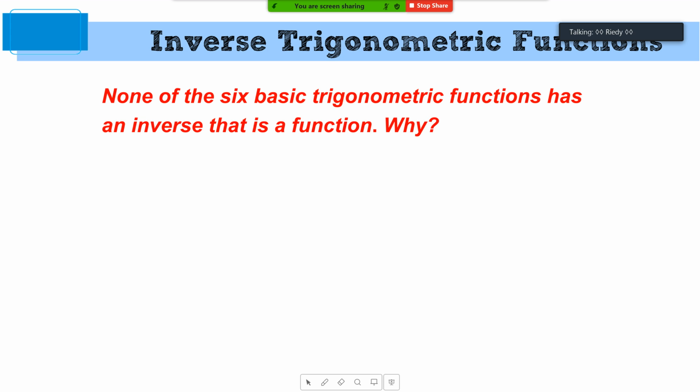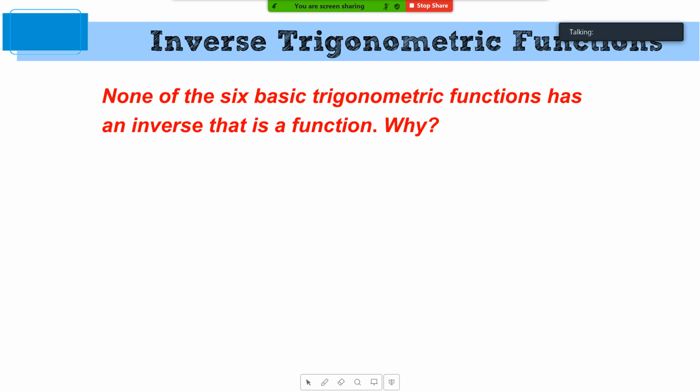Okay, so we talked ad nauseum about the idea that all functions have inverses, but not all of those inverses are functions.